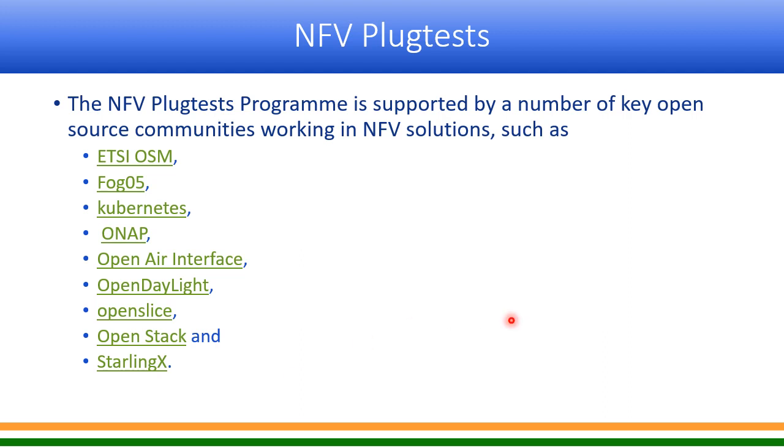Some of the open source communities helping the NFV program are ETSI OSM, where ETSI is leading this open source MANO, Fog05, and Kubernetes. Kubernetes is one of the important ones. It's basically management and orchestration.